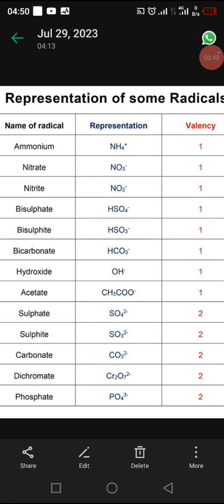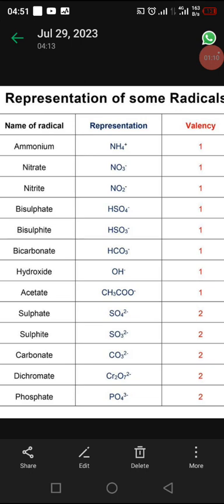In this case, we'll continue with the naming of ternary compound. Like what I said, ternary compound is made up of two and above elements, which consist of polyatomic elements or polyatomic atoms.